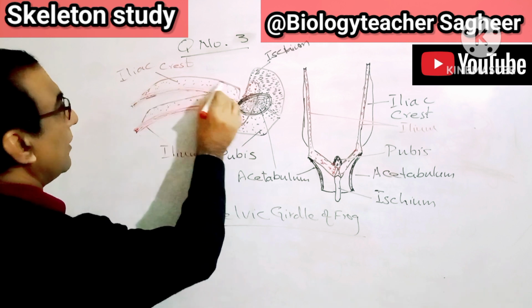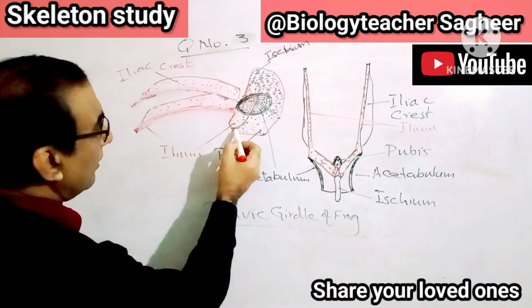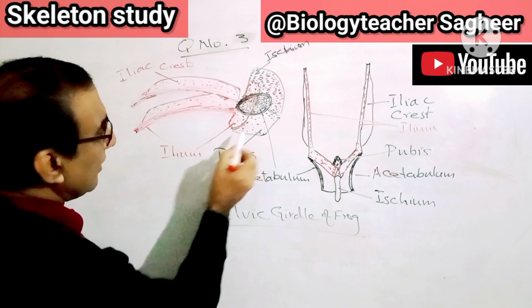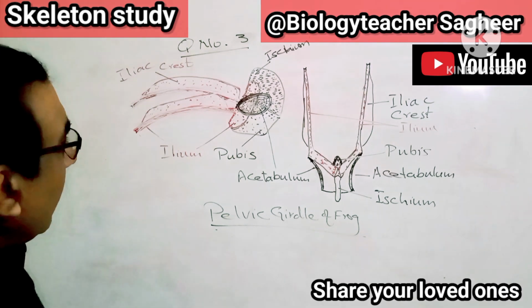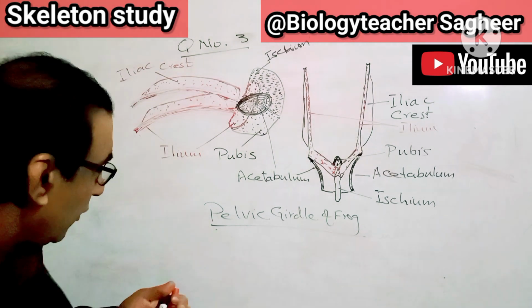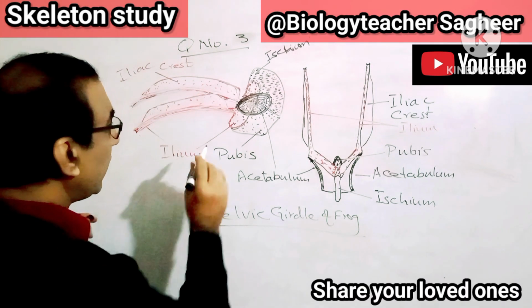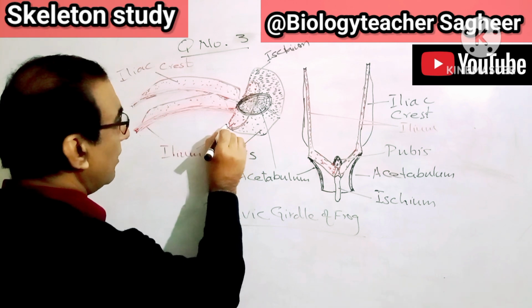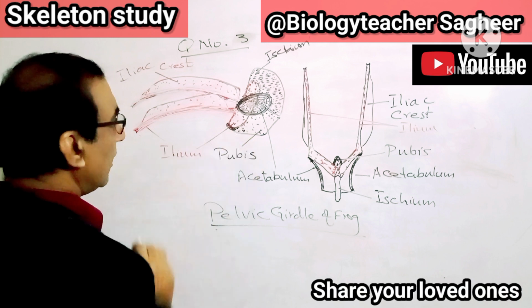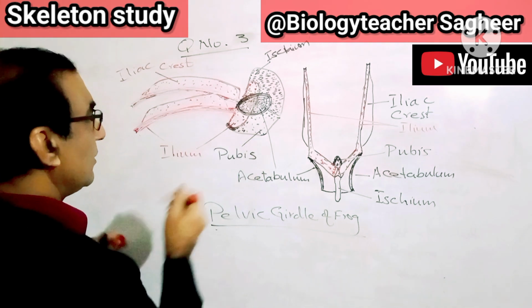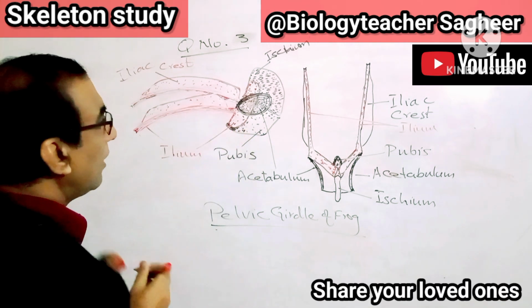This is again the iliac crest, and ilium is attached with pubis. Okay, and pubis comes up to here. This is pubis. Okay, and this is ilium.